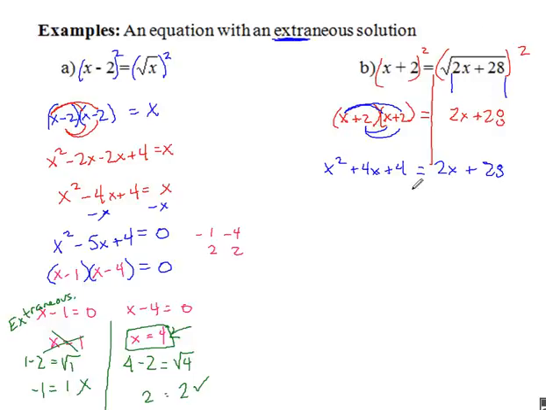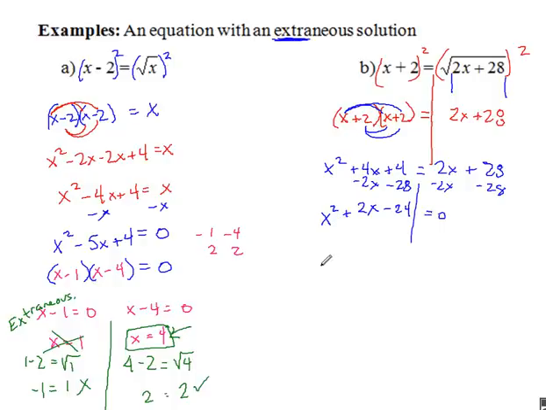All right. So again, we want to get one side equal to 0, subtract 2x. So I subtract 2x here, 4x minus 2x, and then subtract 28, and I get negative 24, right? x squared plus 2x minus 24 equals 0.